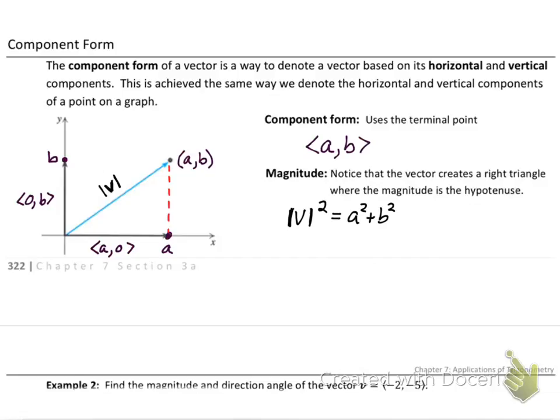So whenever I know my a value and my b value, or my component form, my magnitude is always going to be the square root of a squared plus b squared. So if I know these two values, I square them, add them together, take the square root, and I now have a magnitude. And if I'm taking a square root, that answer is going to be positive, so we're going to be okay. So I typically don't put an absolute value sign on that.